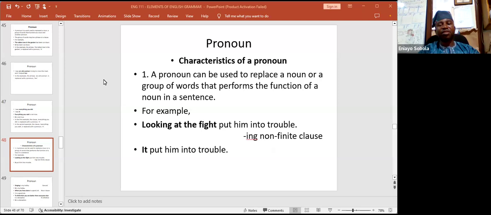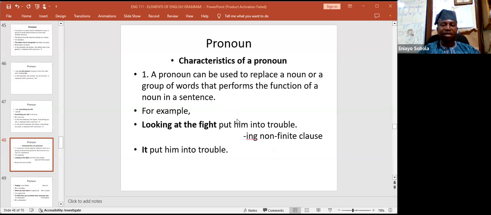Now, let's look at characteristics of a pronoun. What makes a pronoun a pronoun? How do we recognize that this is a pronoun? Number one, a pronoun can be used to replace a noun or a group of words that perform the function of a noun in a sentence.